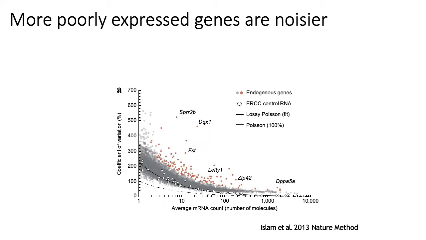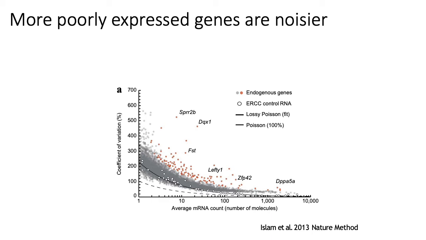So like I mentioned on the previous slide, the amount of noise in a gene expression measurement tends to be inversely related to the expression level of that gene. Here's a plot where the y-axis represents a measure of expression variability, in this case coefficient of variation, and the x-axis represents the average expression level of a gene, and each point represents a single gene.